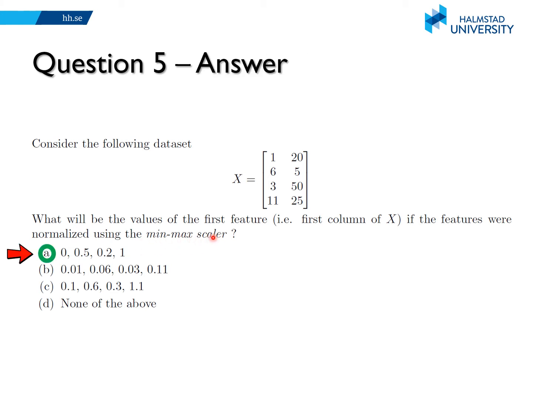Based on that, you will just subtract the minimum value from each of those values and divide by the max minus the min. So basically you will find that the feature values become this, right? So the correct answer is A.